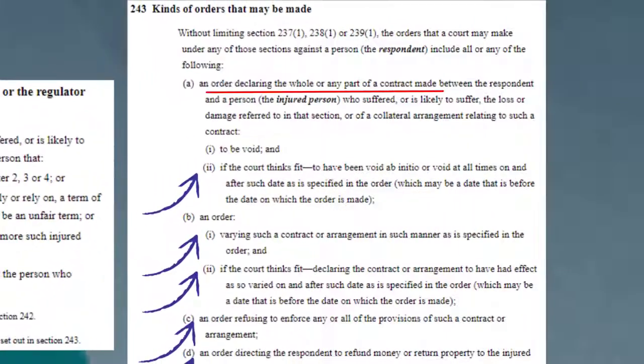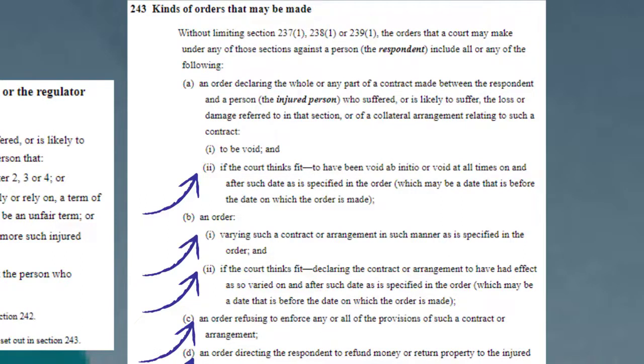An order declaring the whole or any part of a contract made between the parties, or a collateral arrangement, so not even the main contract, a collateral arrangement between the parties, to be void, or if the court thinks fit, to be void ab initio or void at all times on and after such dates specified in the order. So you might actually just have the arrangement being void on and from a certain date.